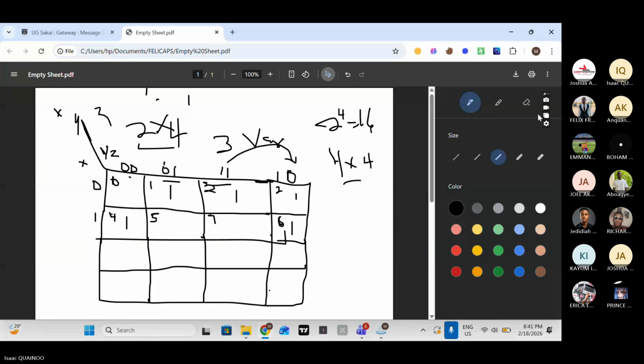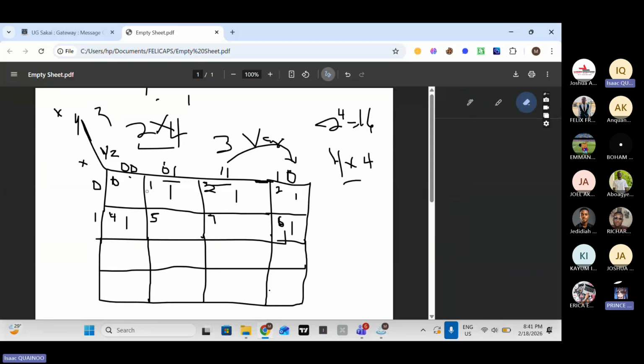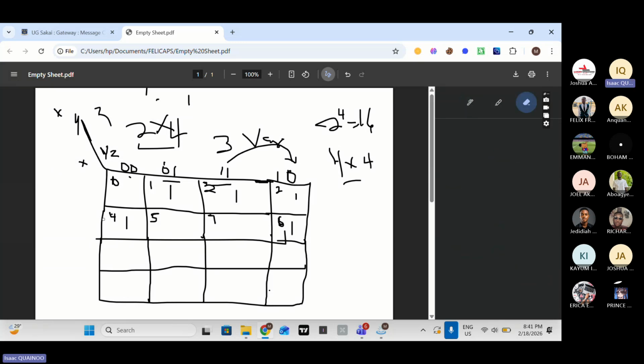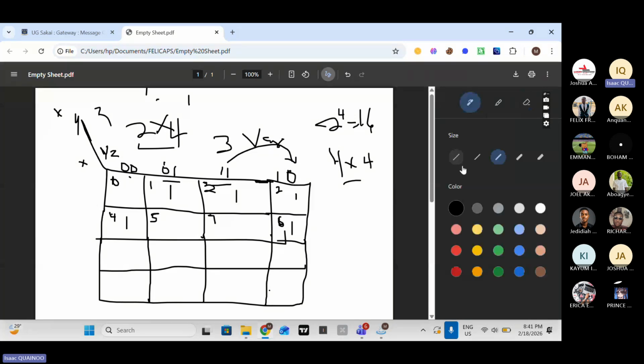Okay. So now we have to relabel this. Instead of saying this is X and this is Y and Z, we now have a new variable, W. So here is W and X. Here will be 0 and 0.